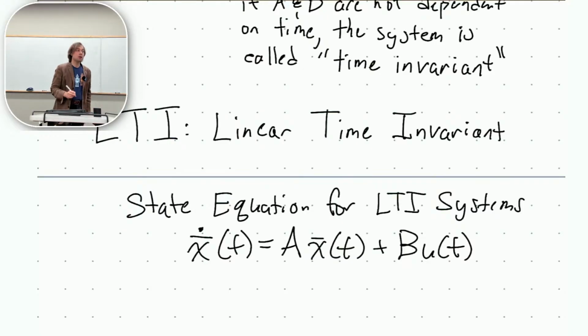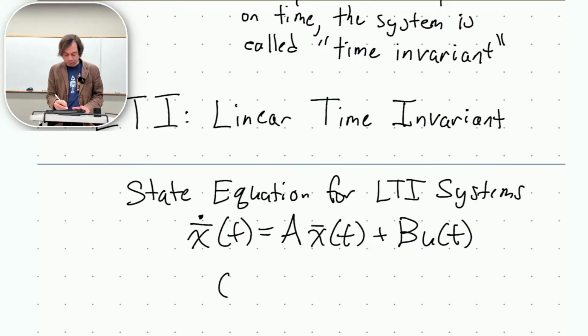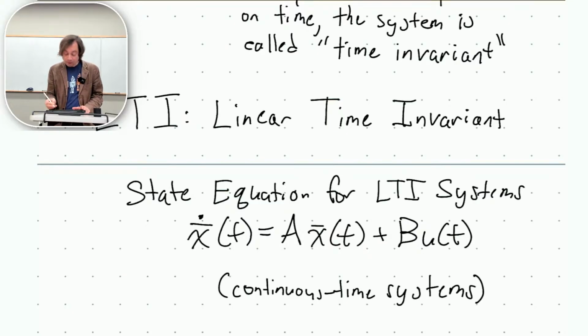Okay. One little parenthetical I'll point here, just for completionists. This is for continuous time systems. We will mostly be dealing with continuous time systems in this class, meaning that time is a continuum, that you could have time equals 1 second, 1.1 second, 1.1875 seconds, down to all these minuscule floating point values.